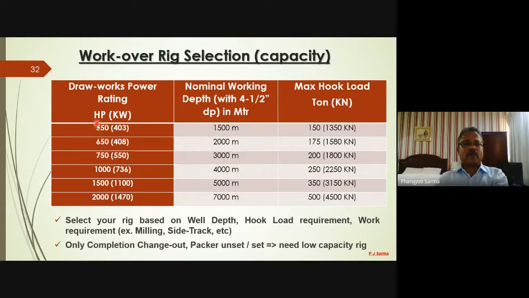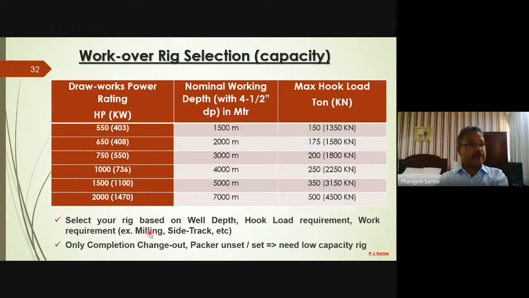So we can say, okay, 550 horsepower rig, so hook load would be 150 tons. Like that, you can see the different capacity of the rig is depicted with the horsepower and based on the depth of the well. And it is not only depth, also depending on the objective, what kind of operation we are going to do.